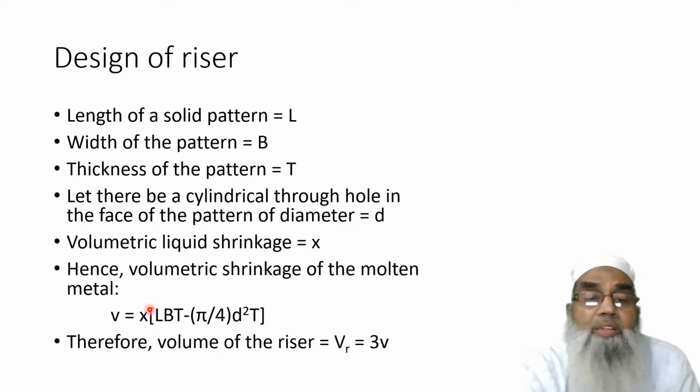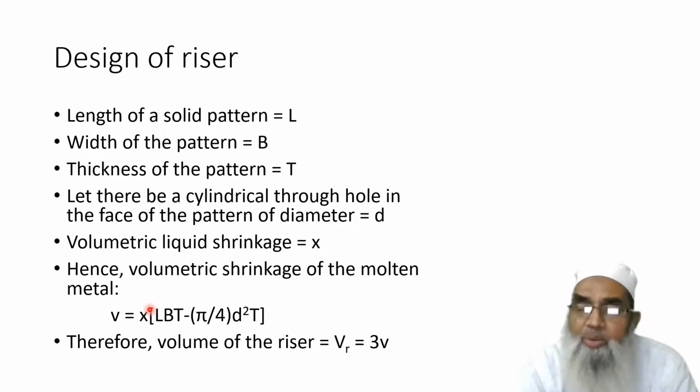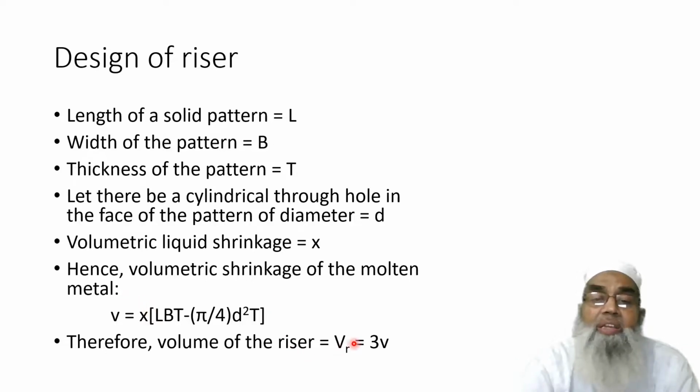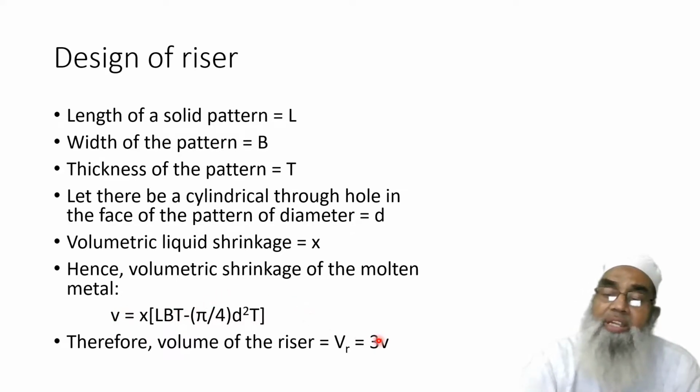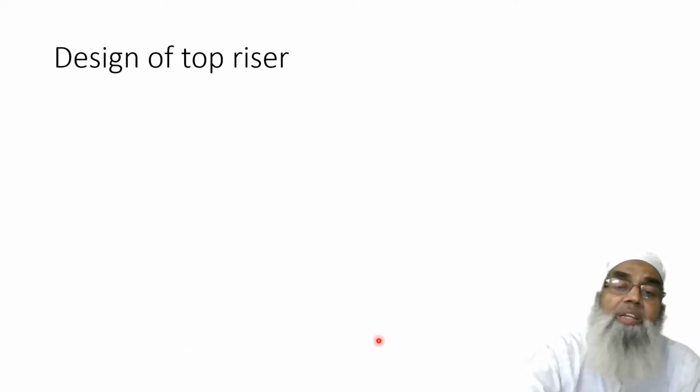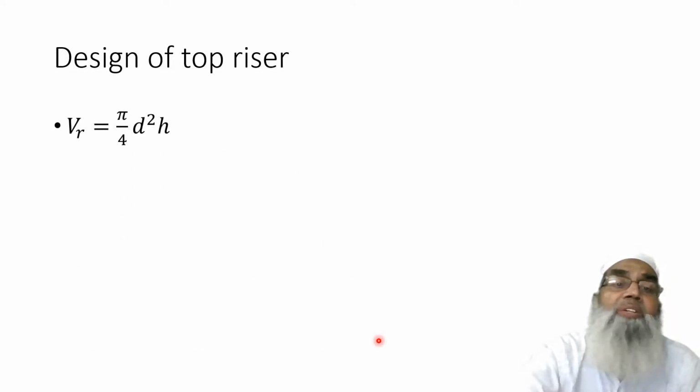The volume of the riser should be sufficient so that there is a sufficient supply of molten metal to the cavity, and therefore it is 3 times the shrinkage required by the metal in the cavity. Now we need to design a top riser.